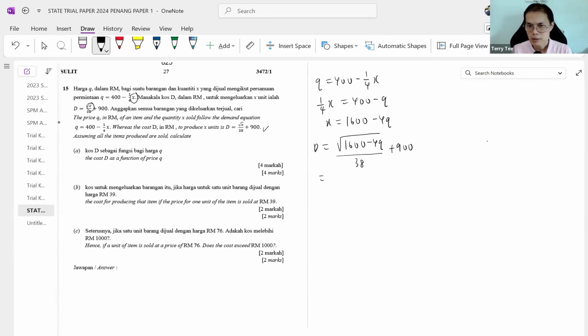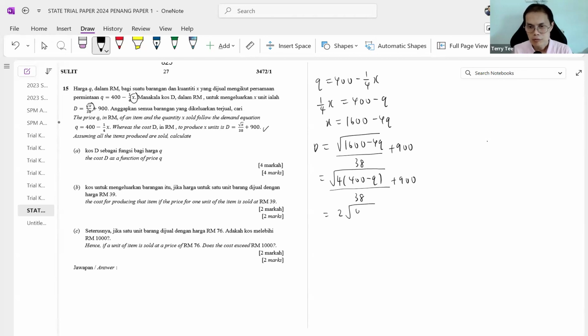1600, you can take out 4, right? Take out 4, you're left with 400. Left with Q here, 4Q, you take out 4, left with Q, divide by 38, plus 900. So square root of 4 is 2.